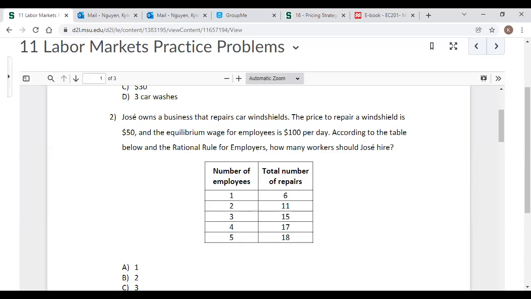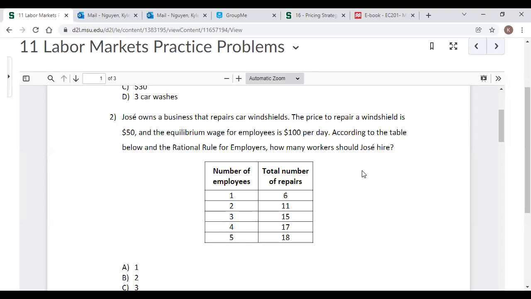Okay, so let's move on to a second employee. We're still paying $100 for them because that's our wage. That's actually going to be the marginal cost for all of this because the wage doesn't change at all. And we went from 6 repairs to 11 repairs. That's an addition of 5 repairs, an increase of 5.